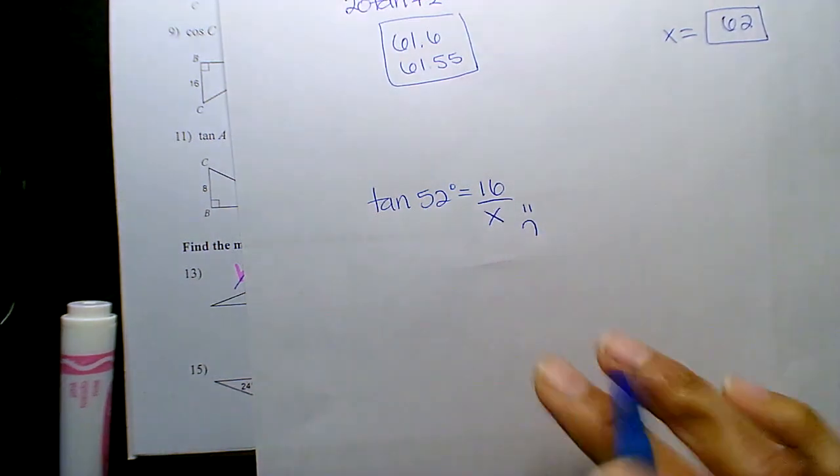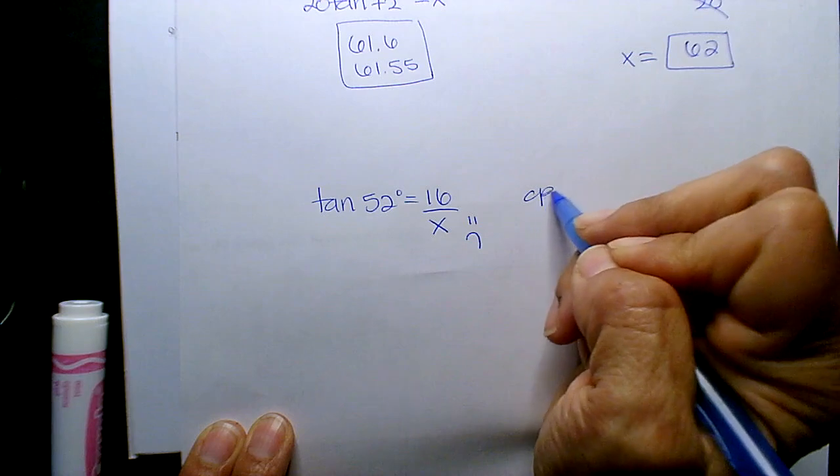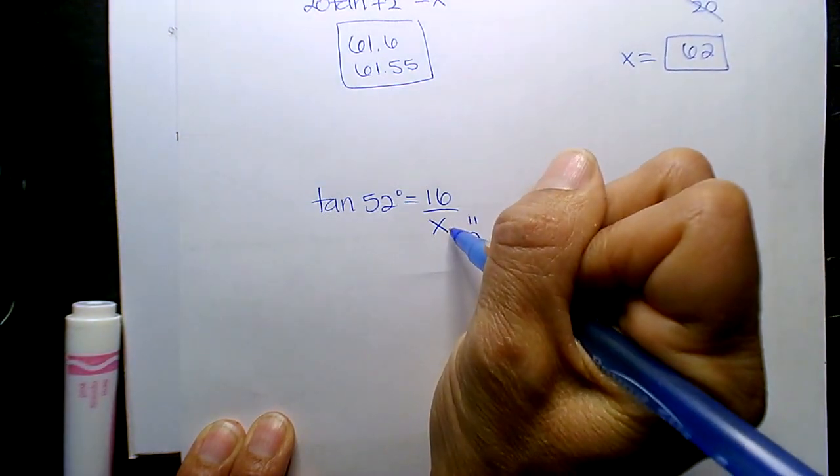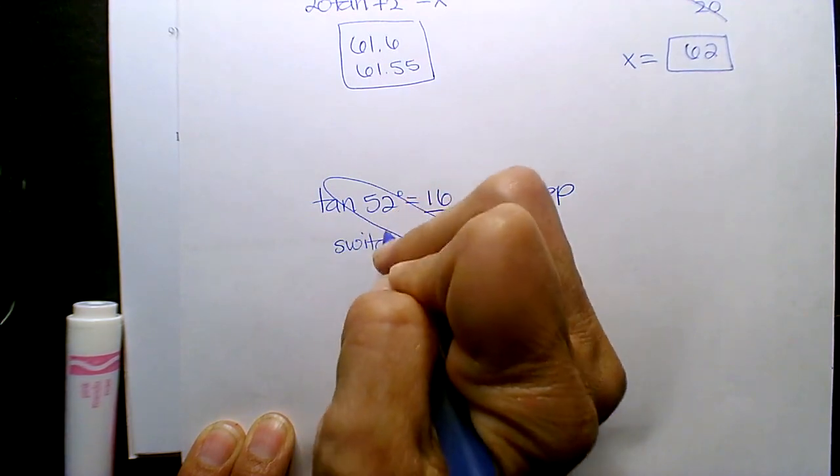You are not allowed to have X as a denominator. It's not the best, right? Remember, we want answers with X as a numerator. I want X equal to a number. So if you understand the cross product property, you can multiply, and you can also switch positions.